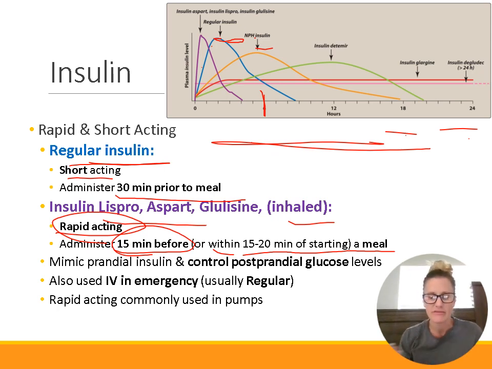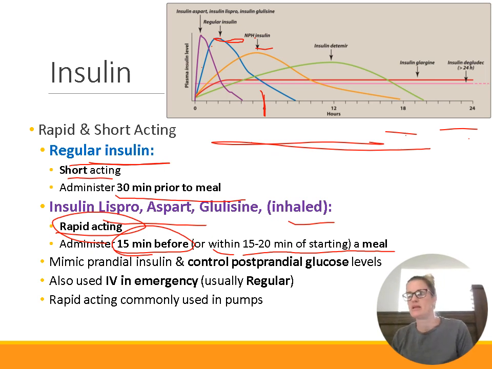We generally give mealtime insulin before the meal, but sometimes you forget, right? Think of a kid in high school who needs to inject before lunchtime. Say they're scheduled for B lunch, and that day, last minute, they're told they got moved up to A lunch. Well, I haven't injected my insulin yet. I have to inject 30 minutes before a meal. Well, if they have insulin lispro, that's fine. They can just inject right then.